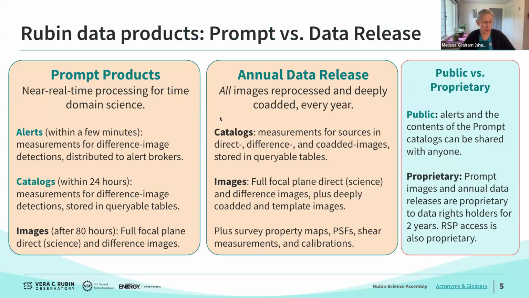All right. We've heard a lot about different types of data products from Data Preview 1 and Data Preview 2. Those two data previews are more like previews of the future annual data releases, like small data releases with similar formats to what you would get with Data Release 1, 2, 3, 4, 5, etc. And the annual data releases will have all images ever taken by LSST reprocessed and deeply co-added every year.